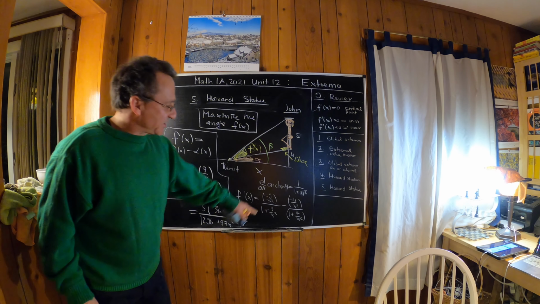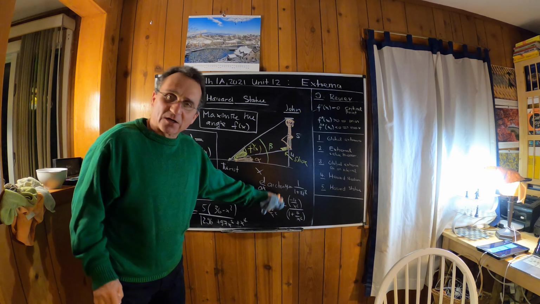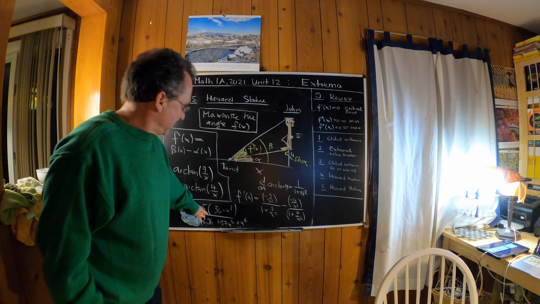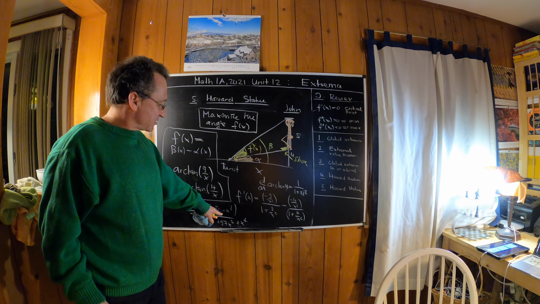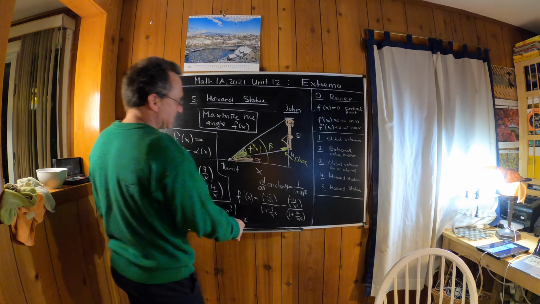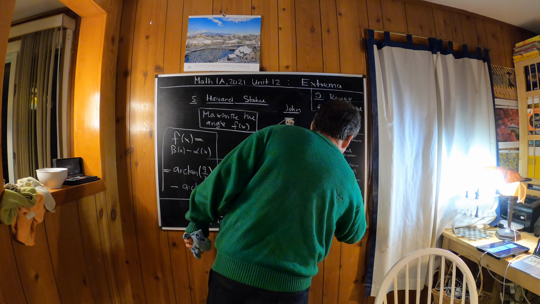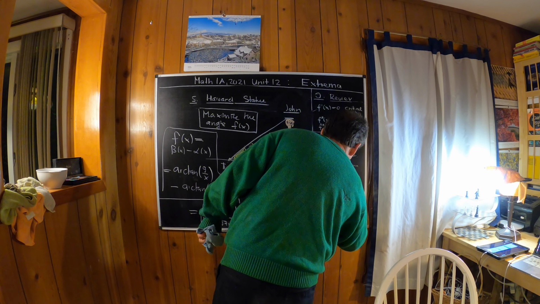So there is no big magic here. We just multiply out, make a common denominator, and we get this. But you see what the extremum is. The extremum is when x is equal to 6. So x equal to 6 is the optimum.